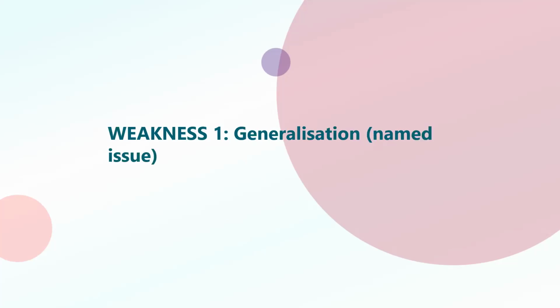The next point is going to be the first weakness, which is generalization, which is also the named issue. So it is very important to take this point into consideration. This is what we call a key point. The sample in this study consisted mainly of adults who volunteered for a mindfulness program.